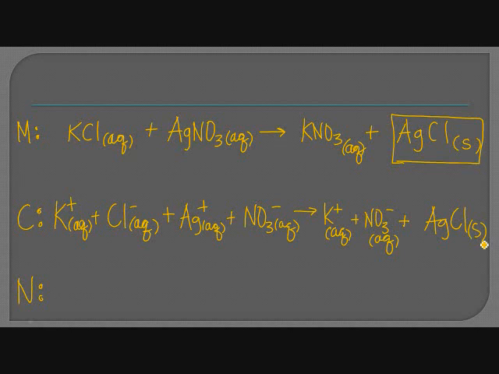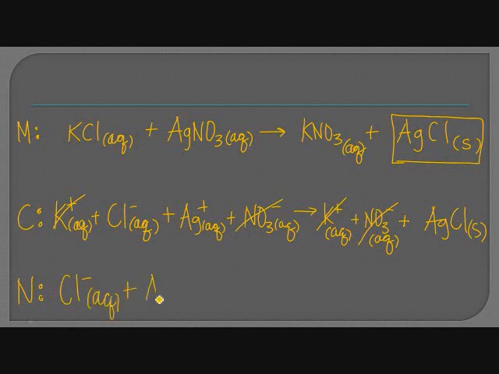So then now, in net ionic, what we did in Chem 1, after looking at the complete ionic, is we said, oh, look, the potassium's on both sides, so we can cross that out. And the nitrate's on both sides, so we can cross that out. Those that we cross out are the spectator ions. And then the net ionic is everything that's left.